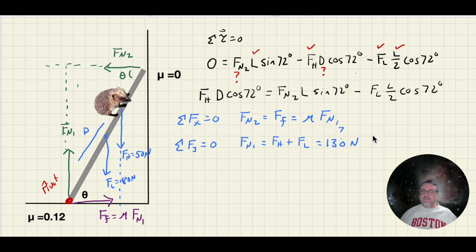All right, well, continuing on with that, since the force of friction is mu times that first normal force, that's going to be equal to 0.12 times 130 newtons. That is going to be 15.6 newtons.